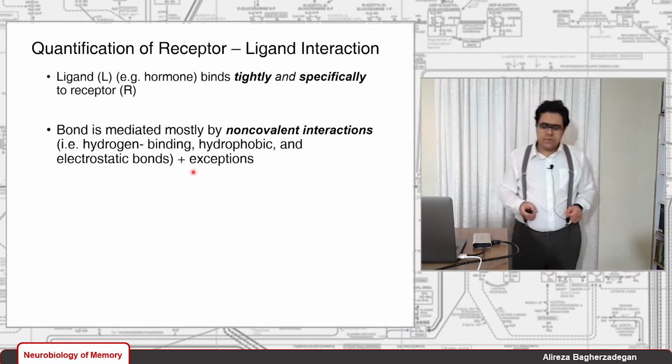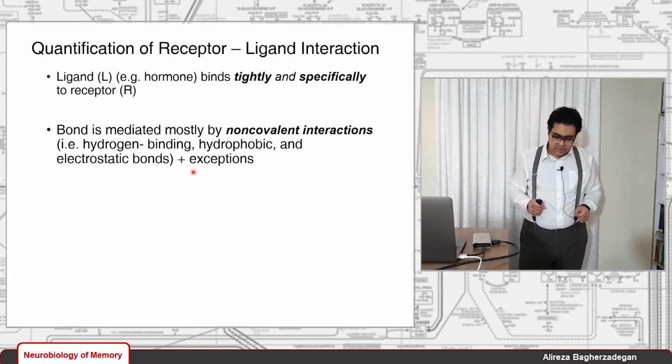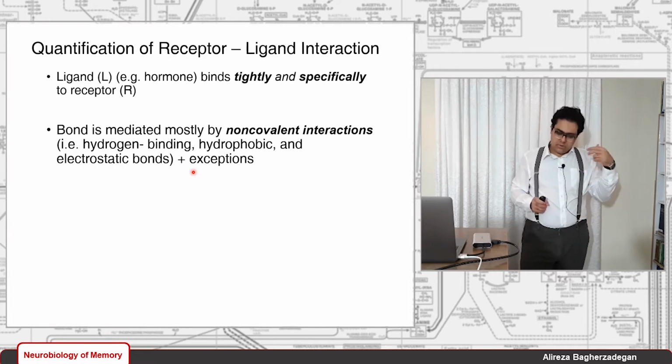I didn't understand that part of a text that I studied for this, but I think there's a signal molecule which is covalently bonded to rhodopsin, the light-sensitive receptor in our retinas. So that can be an exception to these non-covalent interactions.